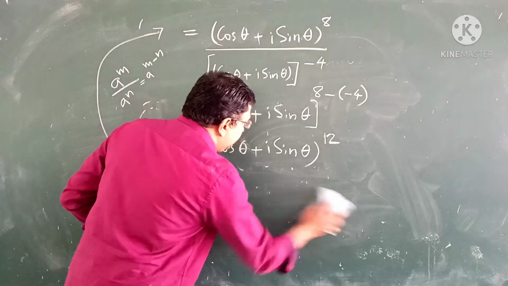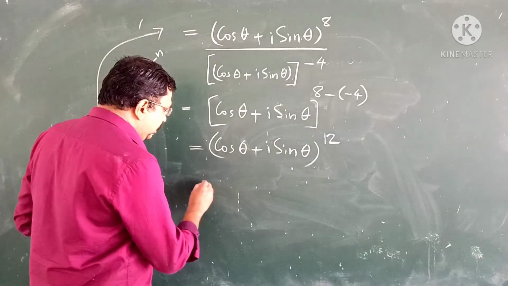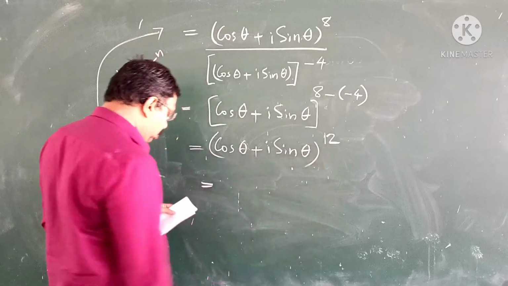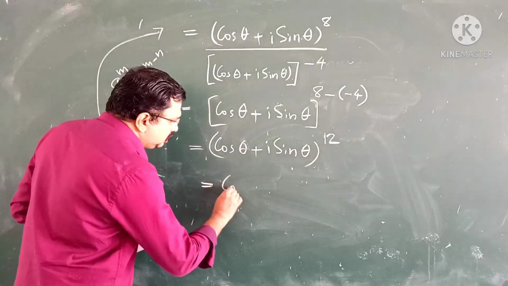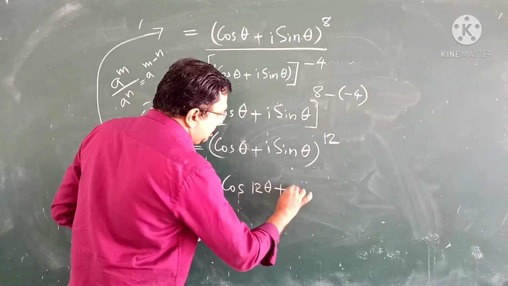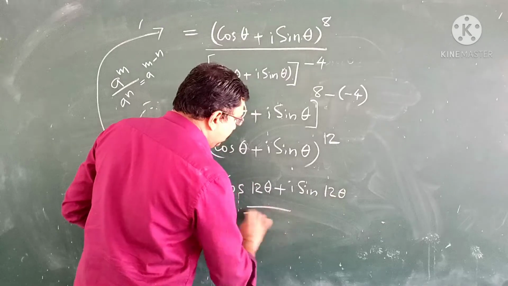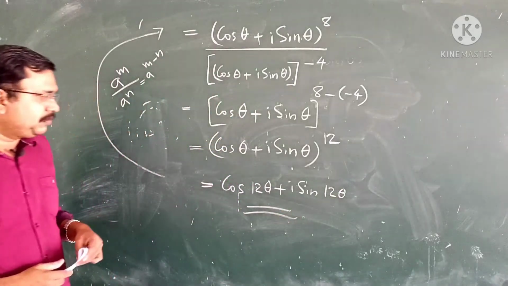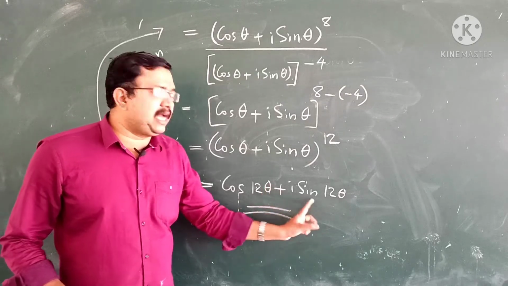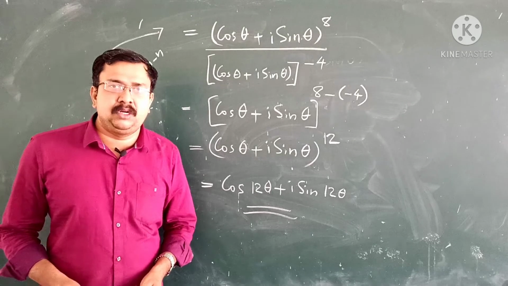The last step is again applying De Moivre's theorem. Therefore (cos θ + i sin θ)^12 becomes cos 12θ + i sin 12θ. This is our final answer. Please write it down in your notebook.